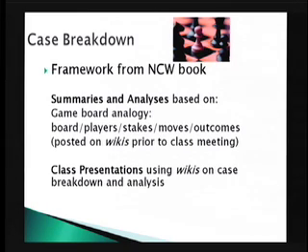The organizing framework that we're going to use for their summaries and their analysis is a game board analogy that the book we're using for the course uses for international negotiation, and it talks about what's the context, what's the board, and then what are the stakes, for example, what are the rules of this game, who are the players, what possible moves can the players make.